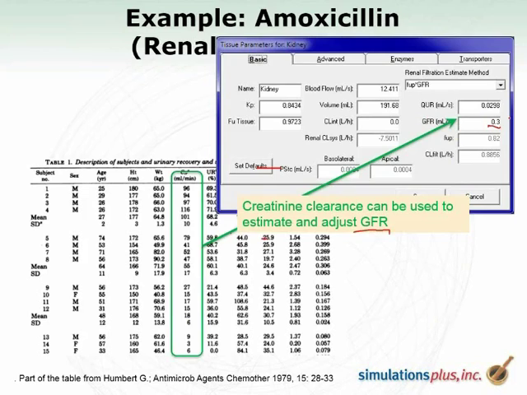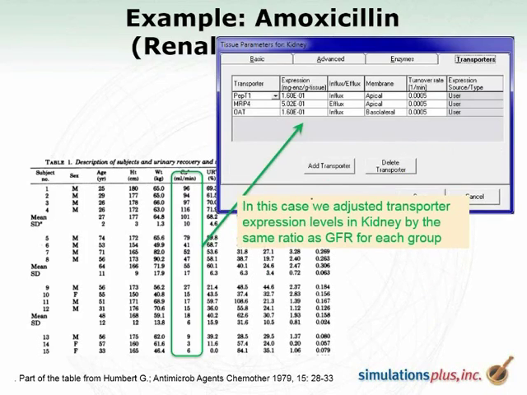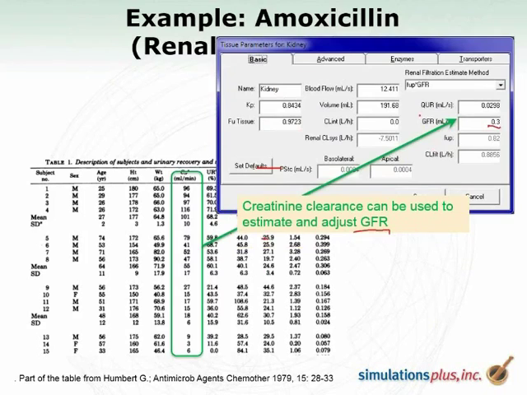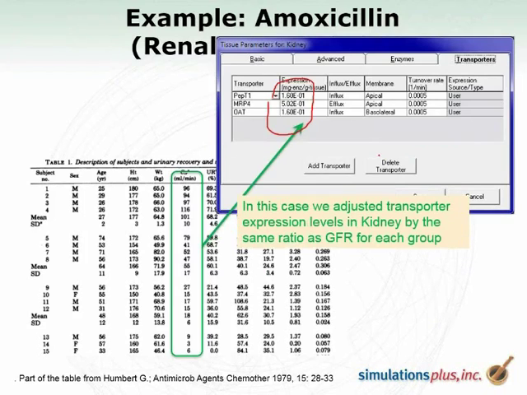Since for amoxicillin, we also have a significant portion of active secretion, and there wasn't much information for how transporters might be affected, we made an assumption that it would be an overall renal effect or overall renal impairment, and we made adjustments to the transporters and scaled the expression levels by the same proportion as we earlier scaled the GFR.